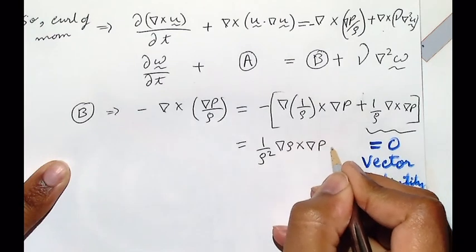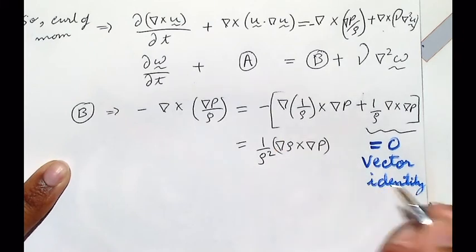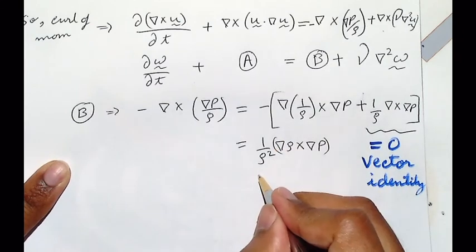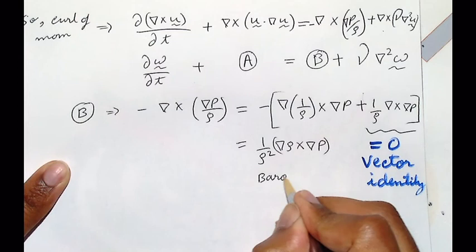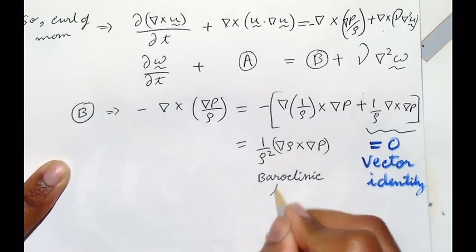You know what this is called? Yeah. The baroclinic term, baroclinic vorticity. Yeah, this is called the baroclinic term. Baroclinic vorticity production term.